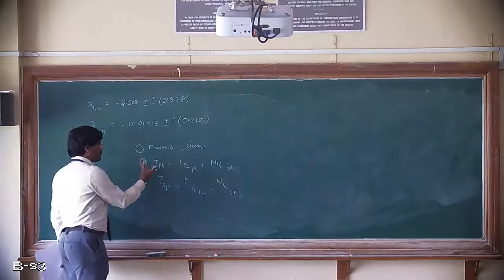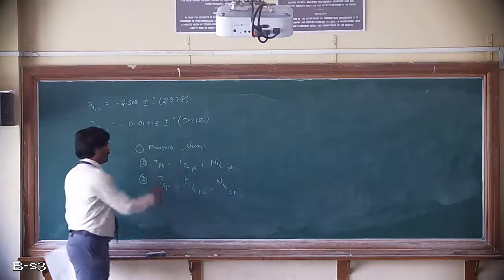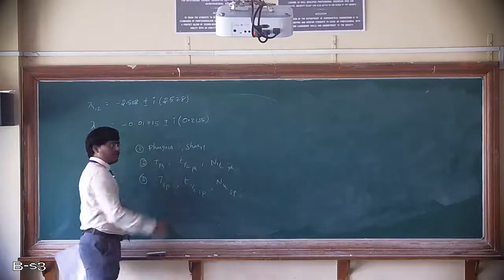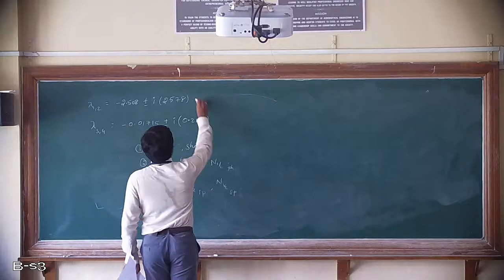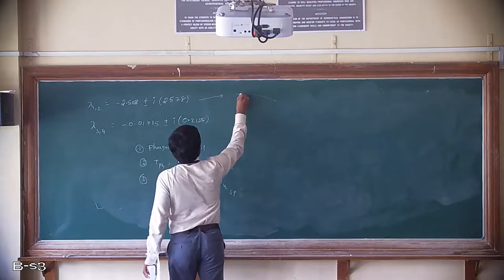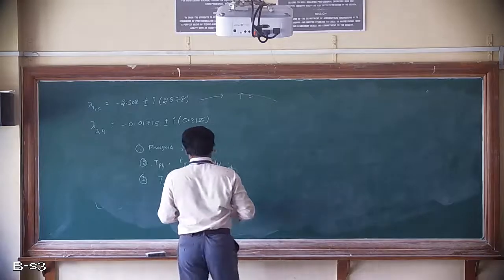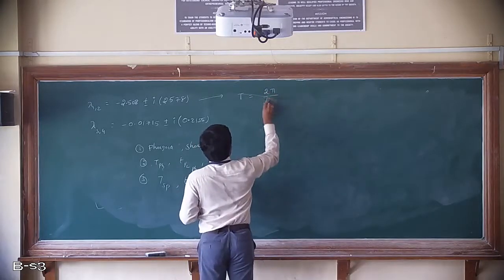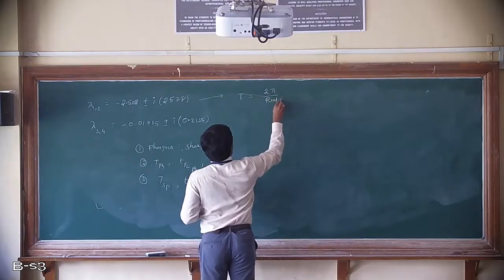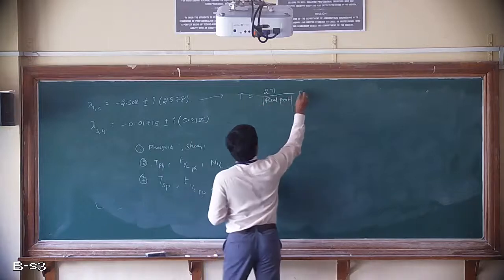So already we discussed, for the Phugoid mode, the time period is more. Can we find the time period here? For these roots, how can you find the time period?